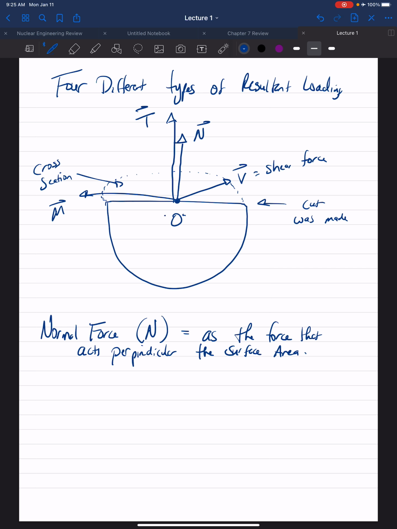And it's developed where the external loads tend to push or pull on the two segments of the body. Your shear force, uppercase V, this lies in the plane of the area, the surface area.